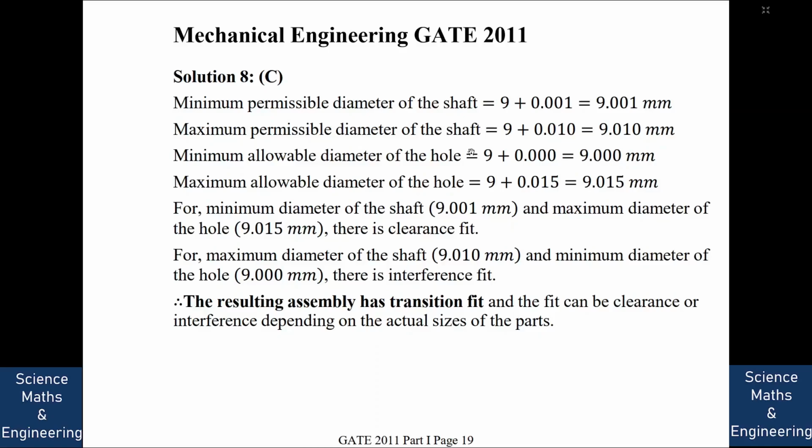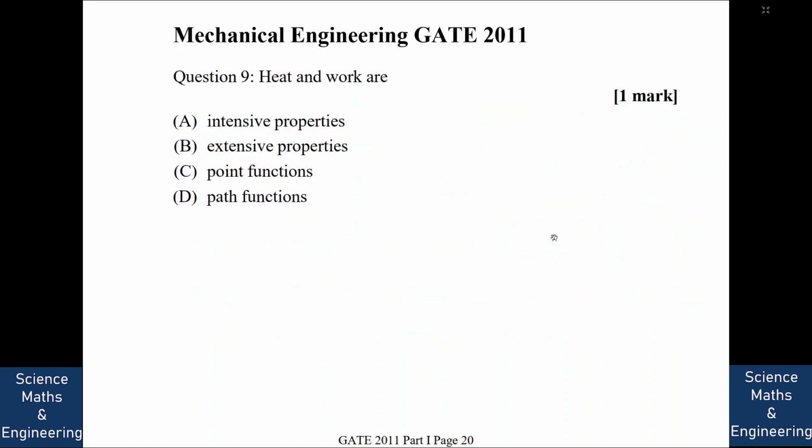Now whether the assembly would be a clearance fit or interference fit depends on the actual size of the part, because we don't know in which limit it will be. After we produce this, only then we know that this has some clearance fit or some interference fit. So this kind of assembly is known as transition fit.